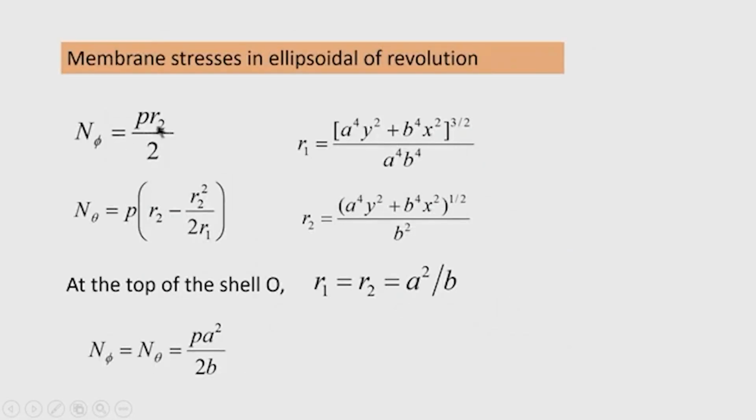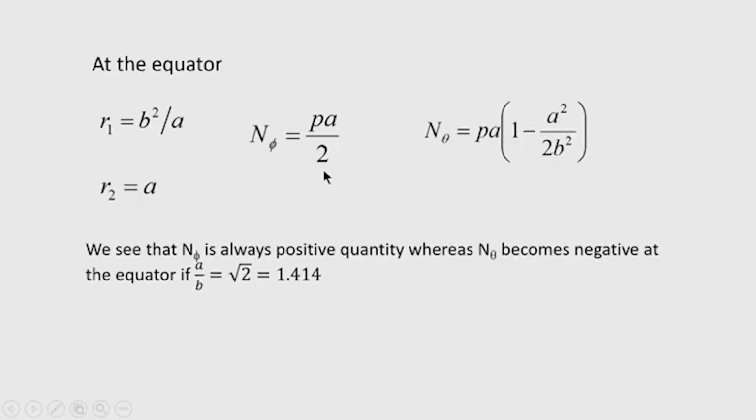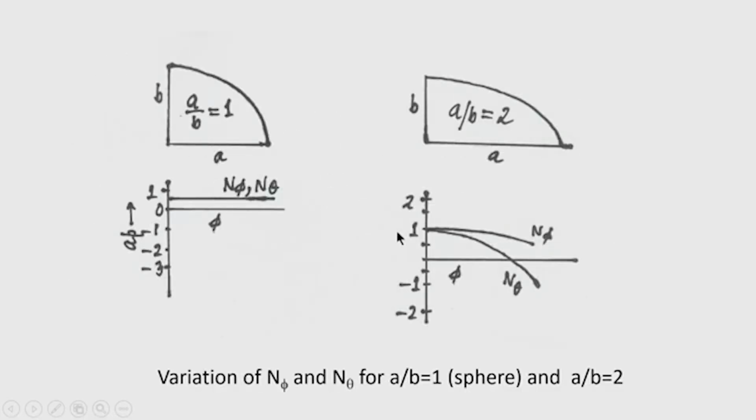N phi is P r 2 by 2. So, r 2 is a positive quantity, so you will get always the positive forces here, but it will vary according to the level of the point, that is at which meridional angle it is located. So, depending on the value of phi, it will vary, but you will see that n theta changes sign.